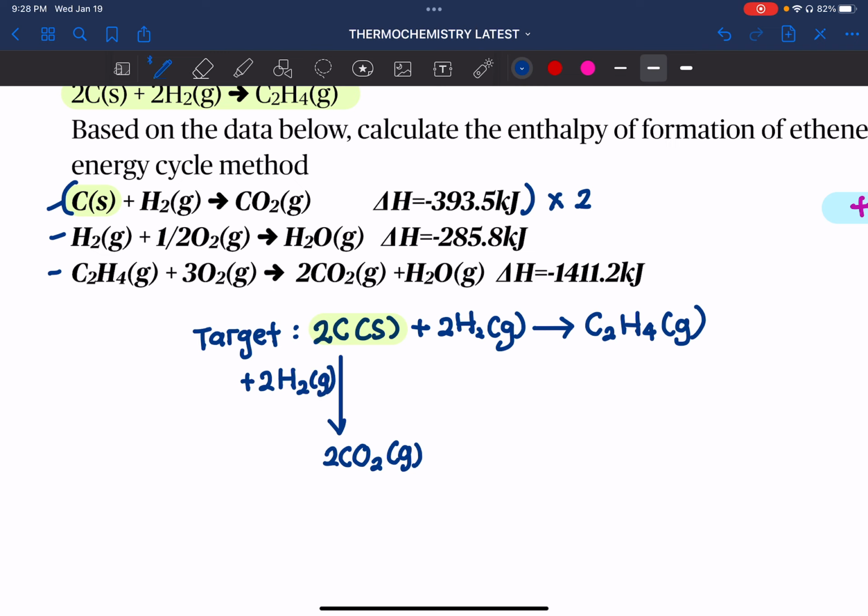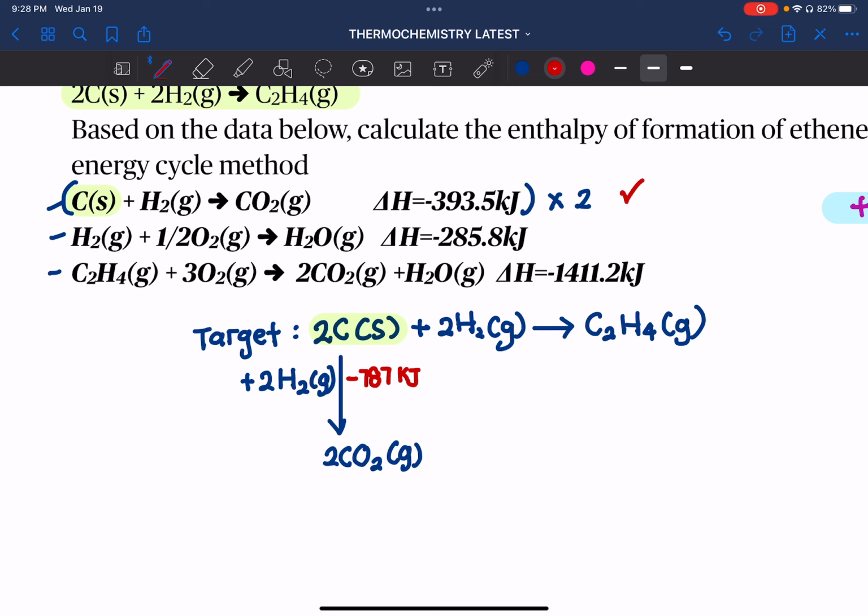Okay, that's it. The value, negatif 393.5 darab 2. So here, you should get negative 787 kilojoule. Okay, that's the value given. Okay, so settle the first one.